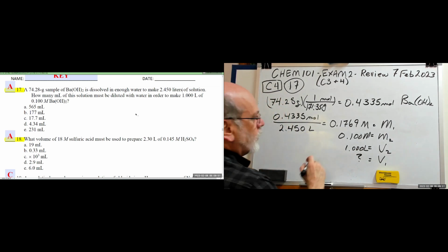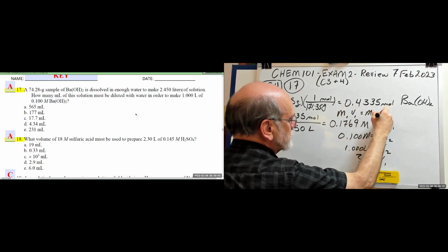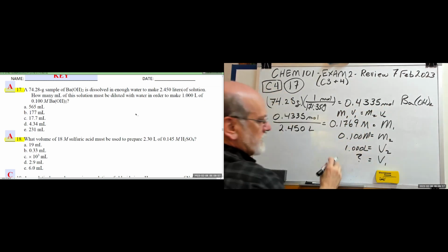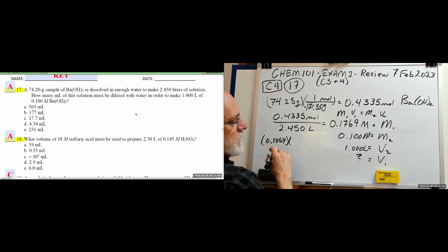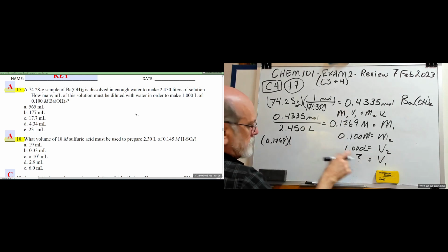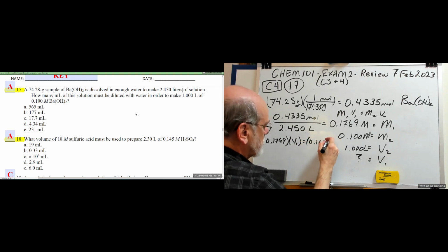So we're going to use the formula M1V1 equals M2V2. So we have M1, 0.1769 times volume 1, which is our unknown. And then molarity 2 is 0.100 times 1 liter.